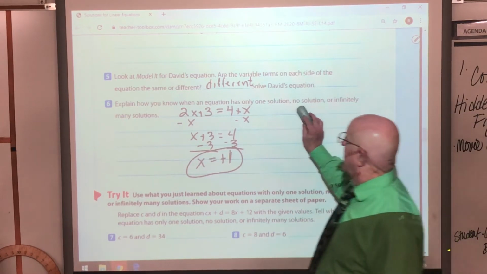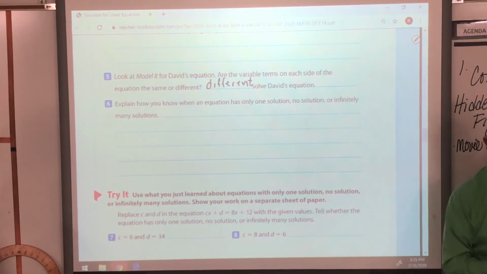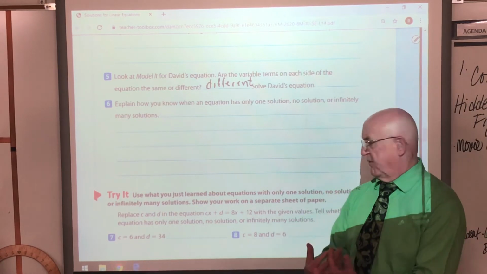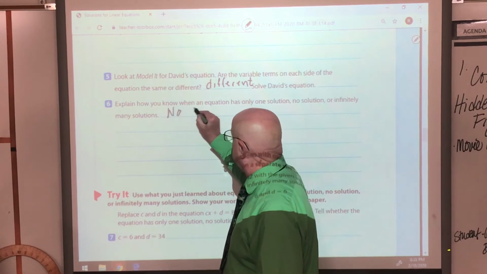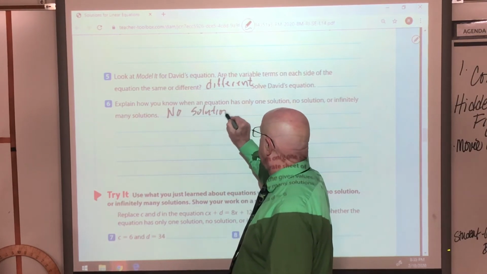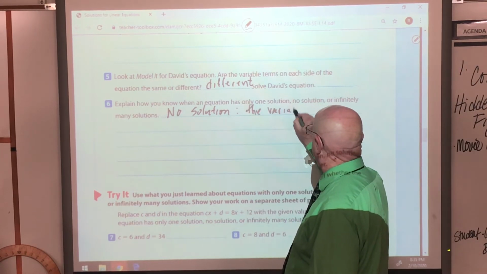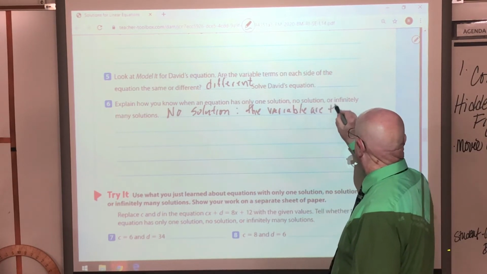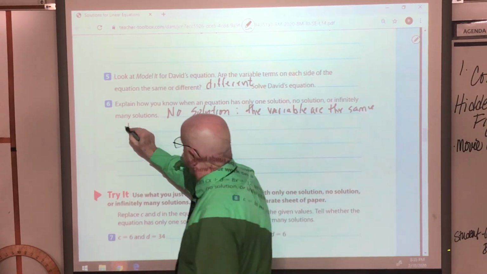So now they're asking us, how do we know when an equation has only one solution, no solutions or infinitely many solutions, and it's all about the variable and the constant. So for no solution, the variables are the same. The constants are different.